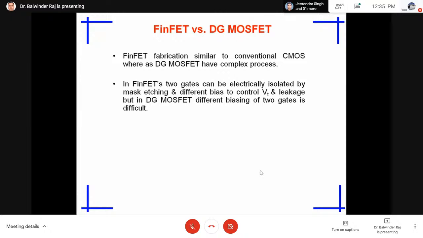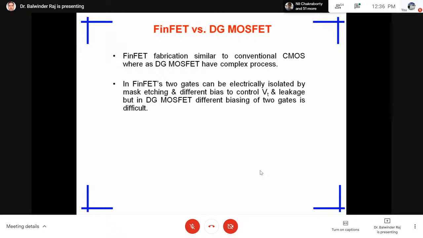So these FinFET devices are highly preferred in the digital domain for logic and memories, but the double gate is highly used in the analog domain, where we focus on gain and other parameters, but in digital we focus on parameters like speed and power. And noise margin is also one of the crucial parameters.